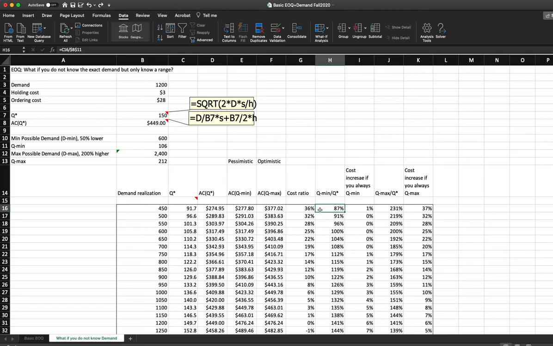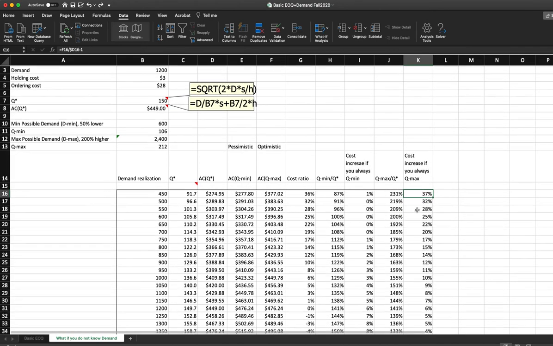If you look at the cost increase compared to the true optimal, which is at 91.7, you can see that the pessimistic manager only increased his or her cost by 1%, even though he or she decided to deviate quite a bit from the true order quantity. Now this is the cost increase for the optimistic manager.